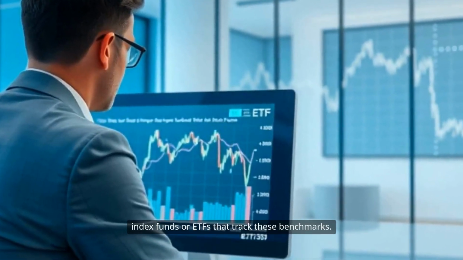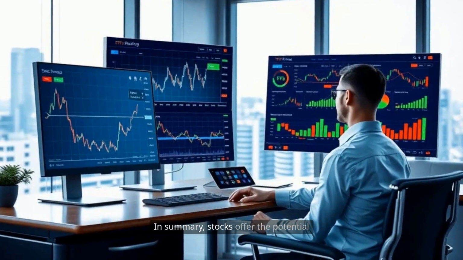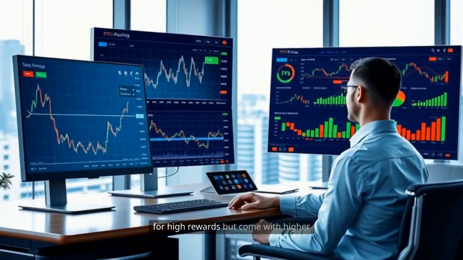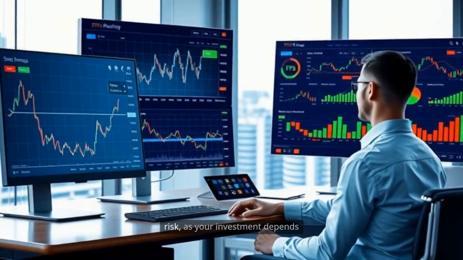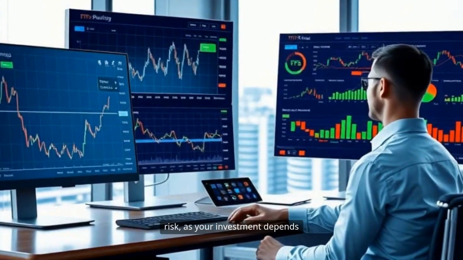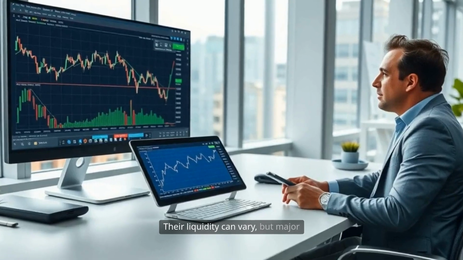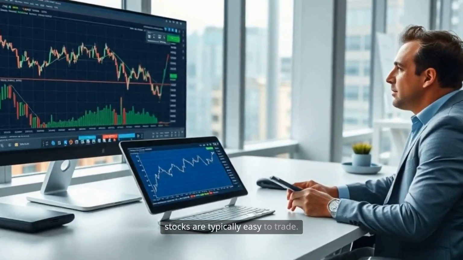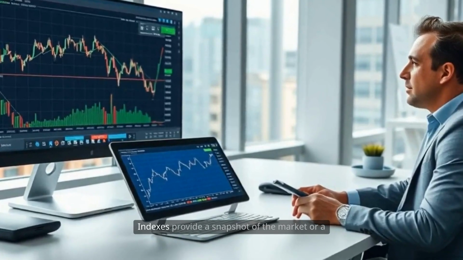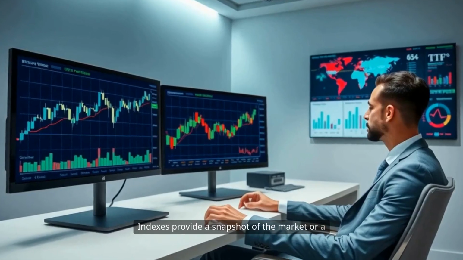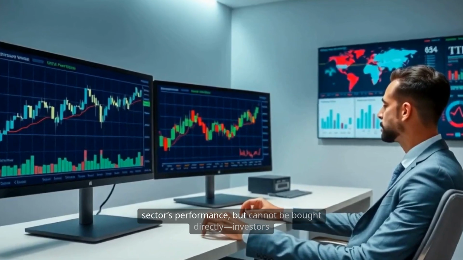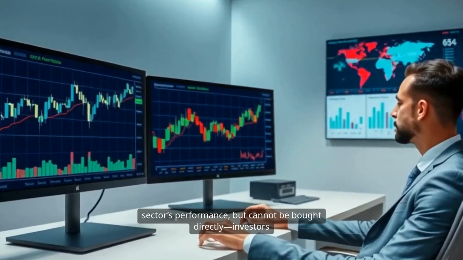In summary, stocks offer the potential for high rewards but come with higher risk, as your investment depends on the fortunes of a single company. Their liquidity can vary, but major stocks are typically easy to trade. Indexes provide a snapshot of the market or a sector's performance, but cannot be bought directly.